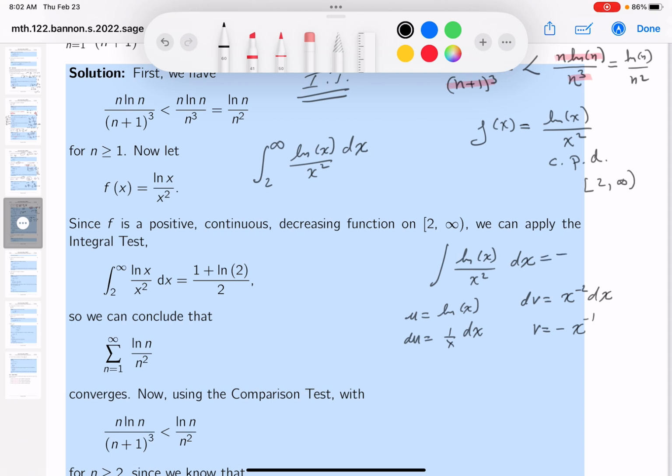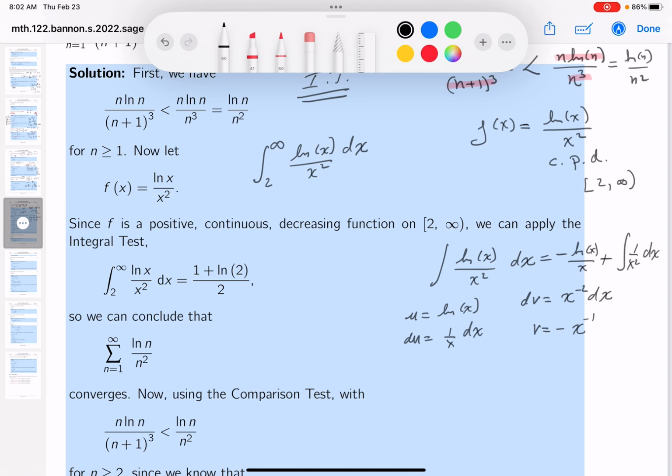You're going to get minus ln x over x, minus, and then, with v du, it's going to be plus now, so 1 over x squared dx.